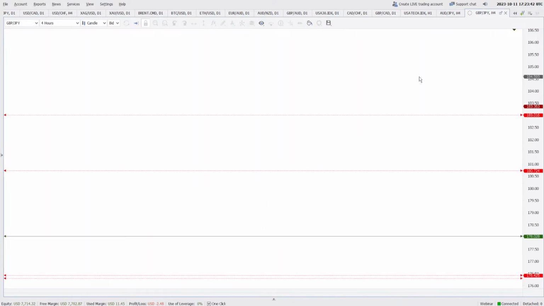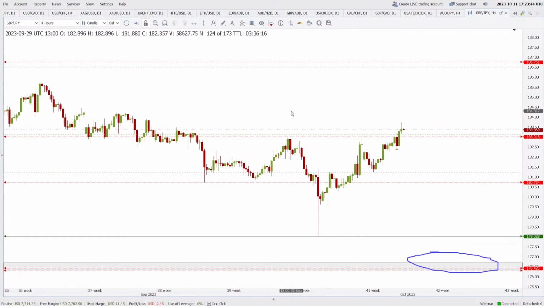Last is the GBP/JPY. We are bullish on this one above 183. Yesterday it went to 180.10, so now the price has to go up. For that, we get support around here.